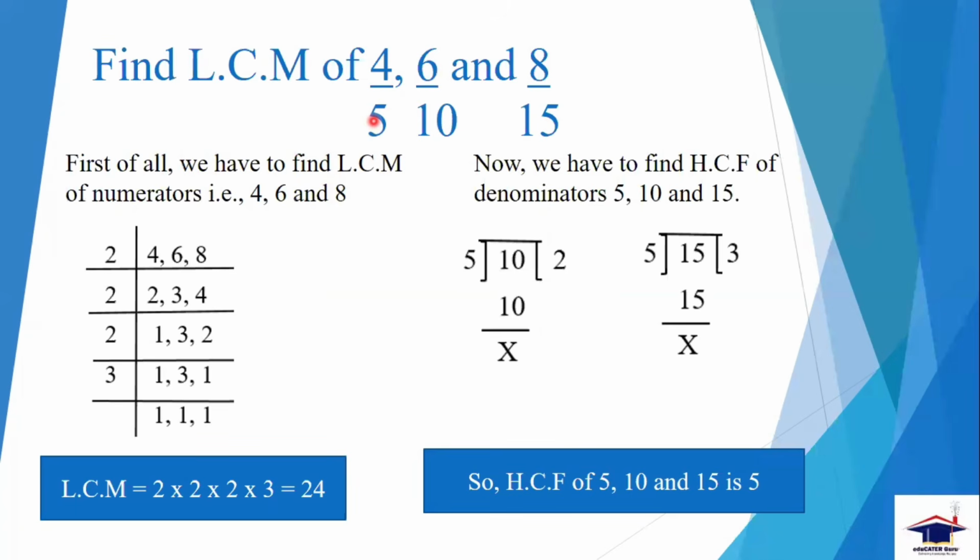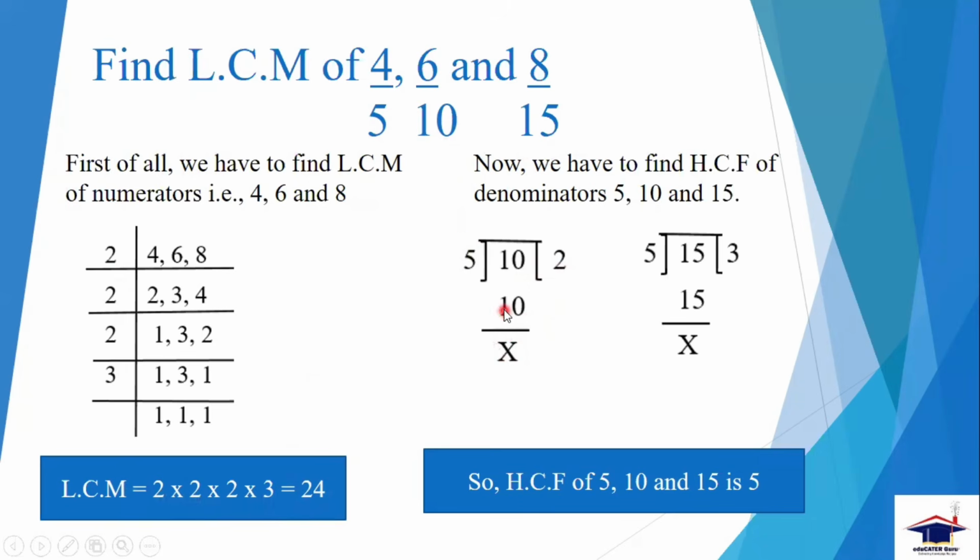When they ask for LCM, you take the numerators first, so 4, 6 and 8. You do the LCM for that. The LCM is 2 into 2 into 2 into 3, which is 24. The denominators are 5, 10 and 15. For this, you have to find the HCF. The first two numbers are 5 and 10. 5 twos are 10, so the remainder is 0.